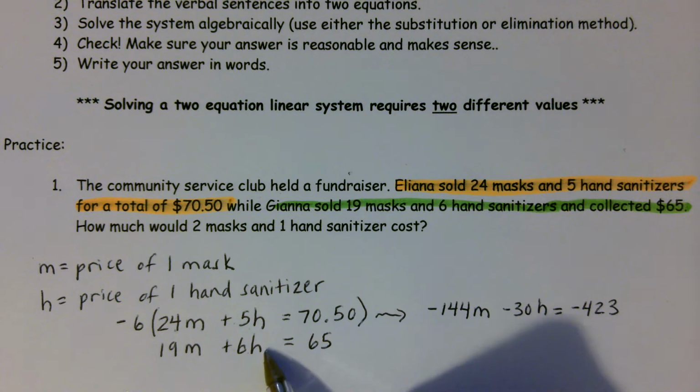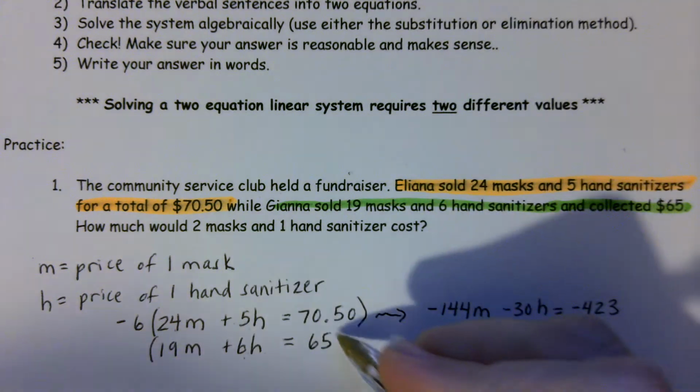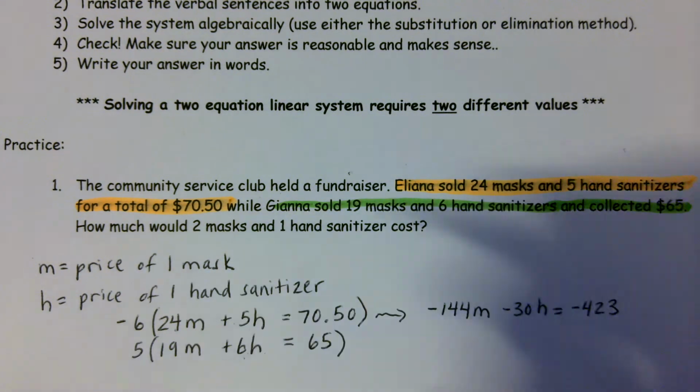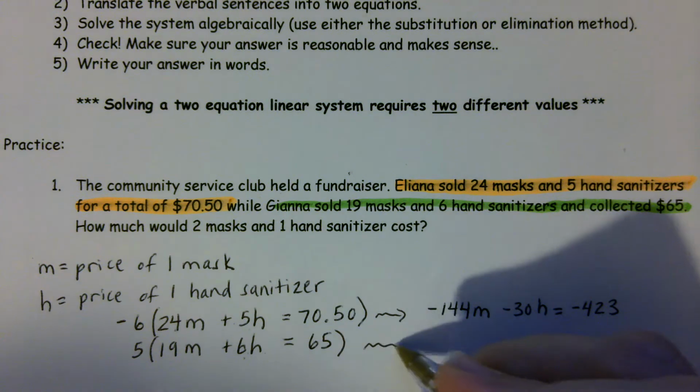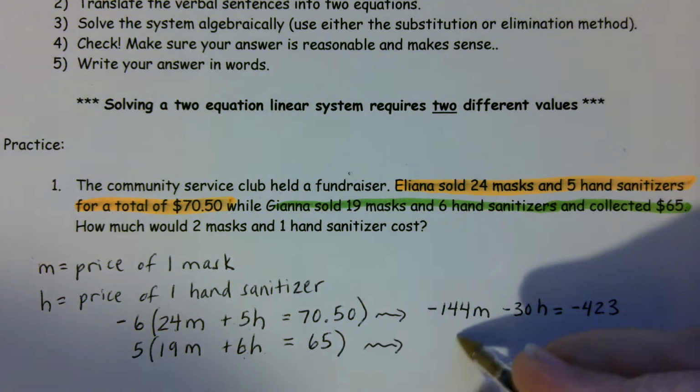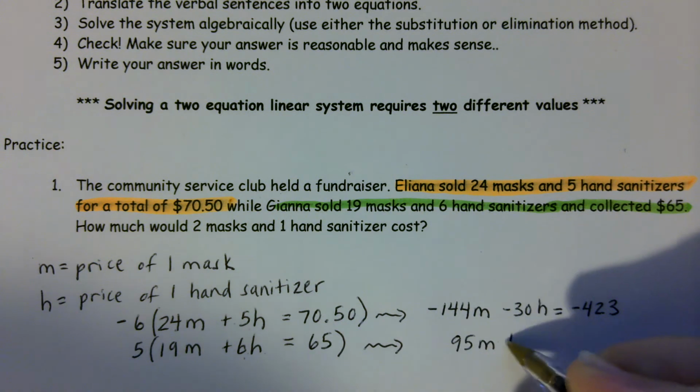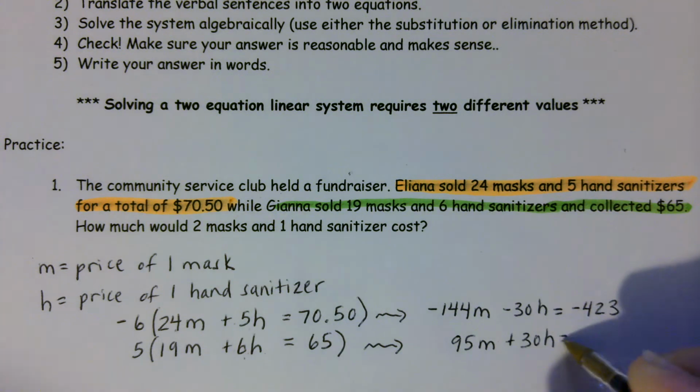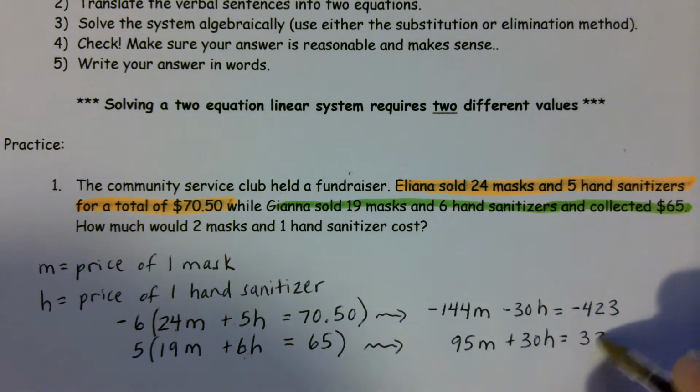Now remember, our least common multiple was 30, so 6 times 5 would give us 30. So I'm going to multiply this entire equation by 5. And I get 95M plus 30H equals 325.